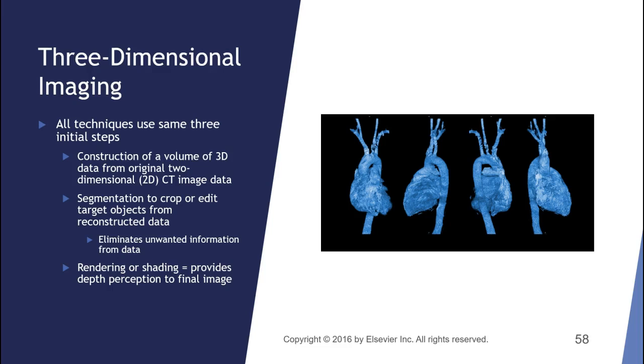So you can draw a line around a structure and tell the computer to erase everything outside of the line, everything inside the line, whatever you prefer to get your image done. And that'll eliminate the unwanted information from the data. And then rendering or shading, it provides depth perception. So you can actually grow vessels. You can tell the computer to add shadow to make it look like a better image. And usually that's what the radiologist will do.